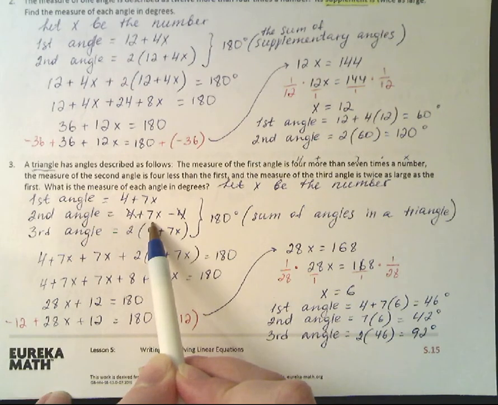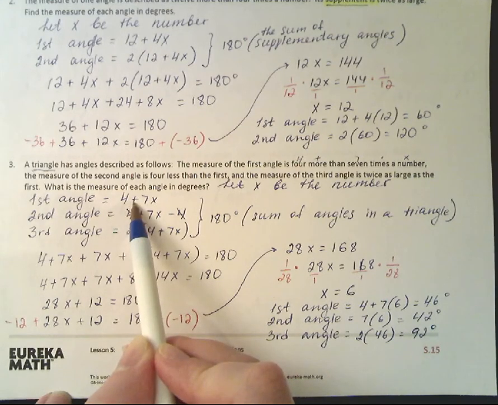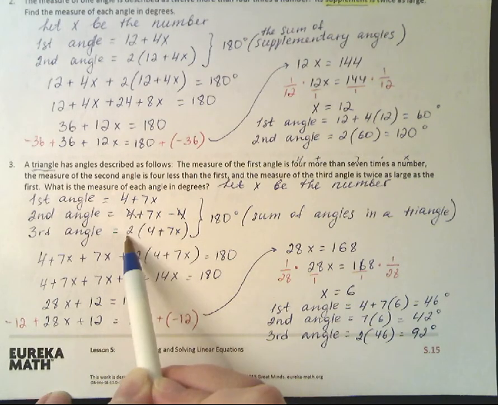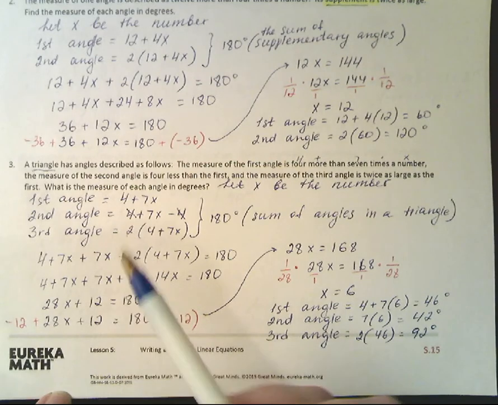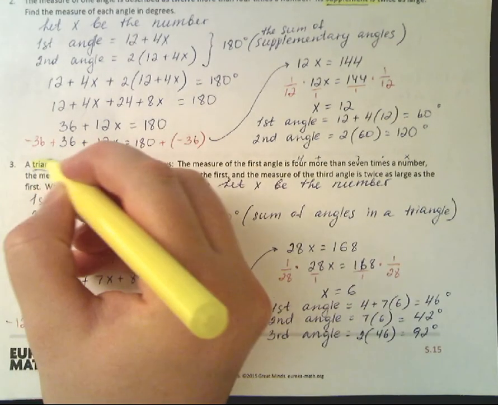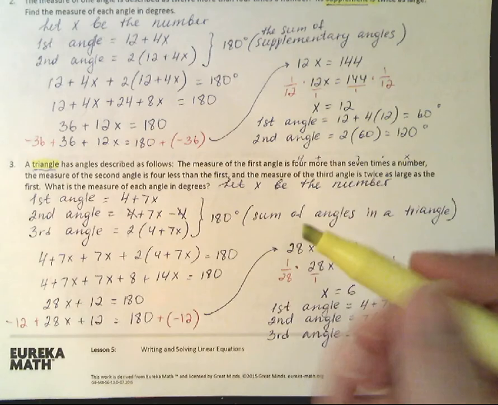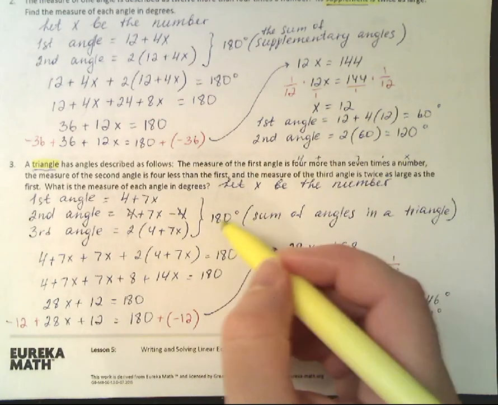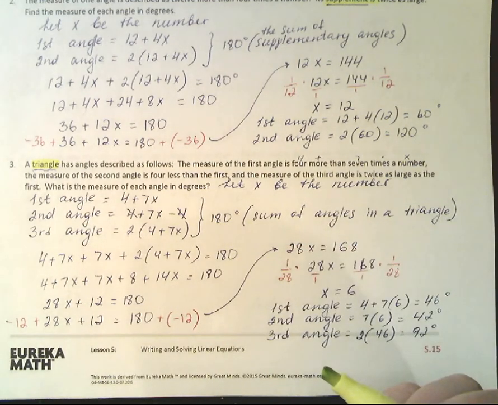The third angle is twice as large as the first. So we take the first angle, put it in parentheses, and multiply by 2. One thing that you need to know about triangles, I want you to highlight the word triangle, is the sum of the angles in the triangle equals 180 degrees.